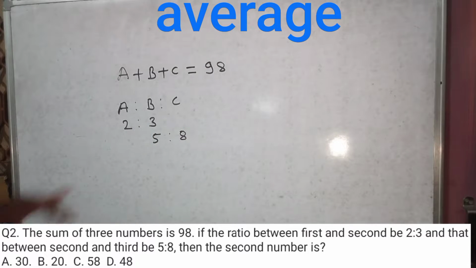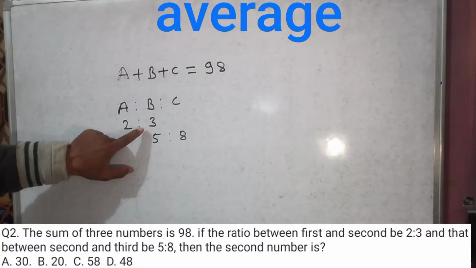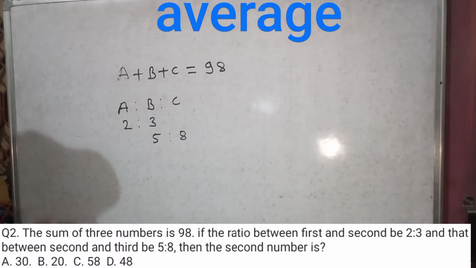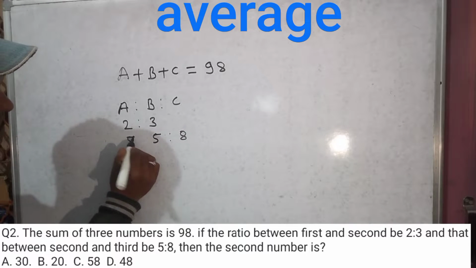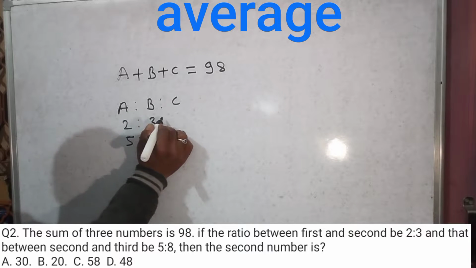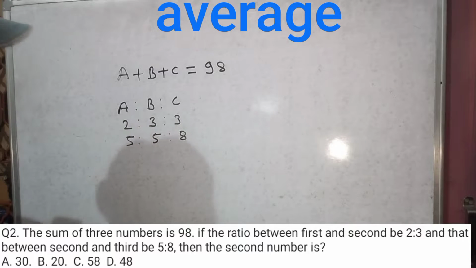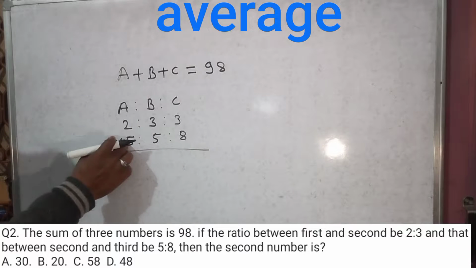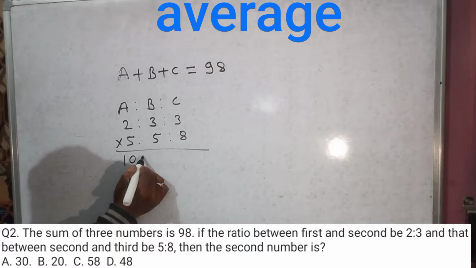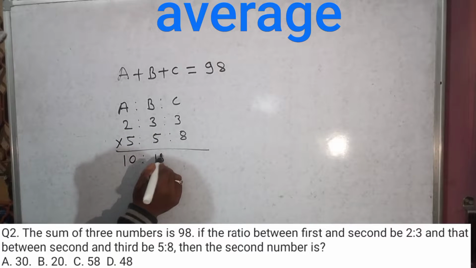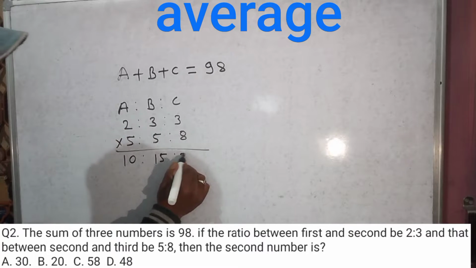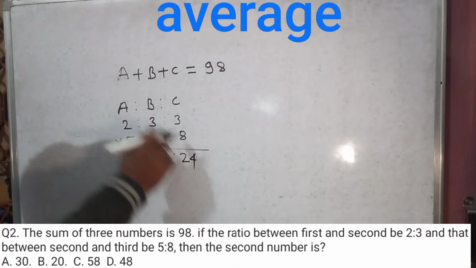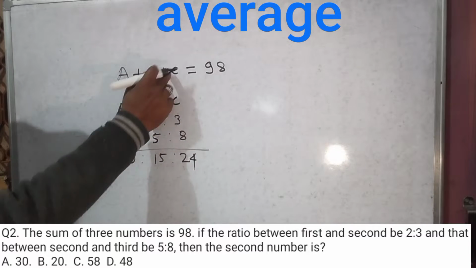Now see here friends, B has ratio 3 and 5, but A has only 2 and C has only 8. So 5 is here, write 5 here, and 3 is here, write 3 here, right? And cross multiply. 2 times 5 is 10, 5 times 3 is 15 and 8 times 3 is 24. Suppose this is 10x, 15x and 24x. This is A, this is B and this is C.